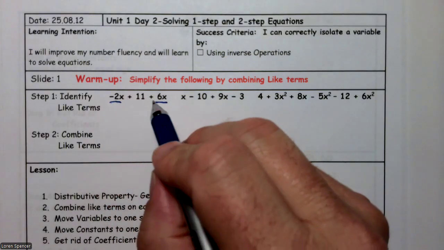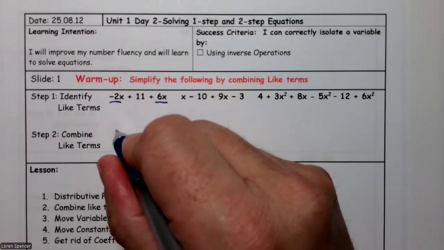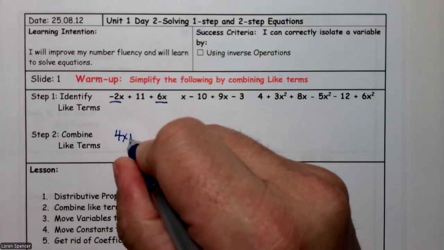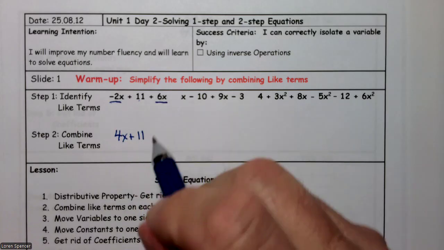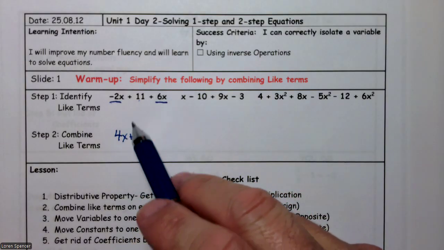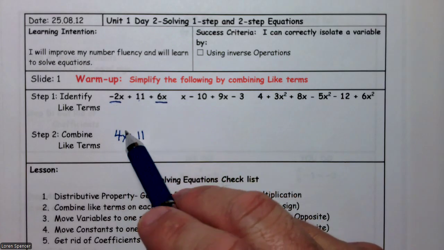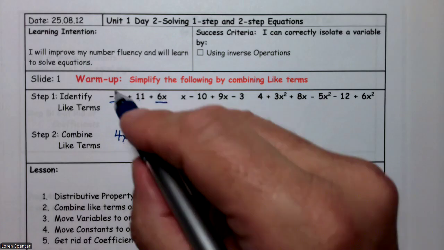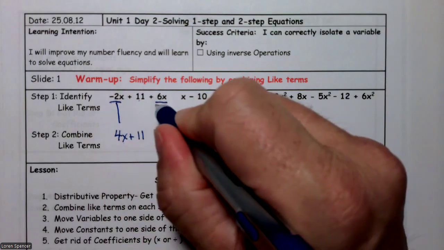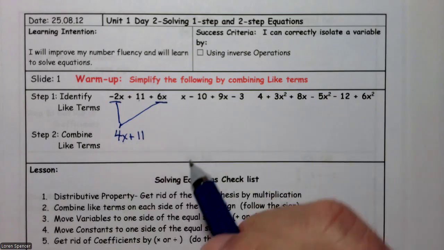I'm going to combine them. 6 minus 2 is 4. So I have 4x plus this constant here, the number by itself, is not a like term. I can't combine it. Here I had 1, 2, 3 terms. When I combined them, I ended up with 2 because the -2 and the +6 combined to make 4.